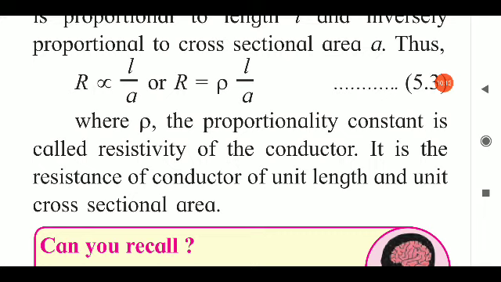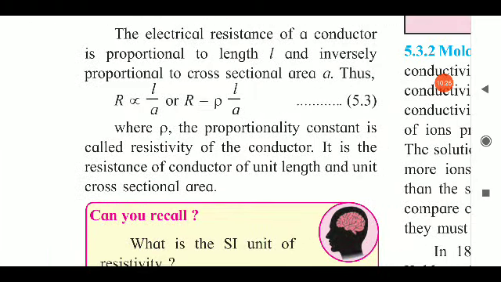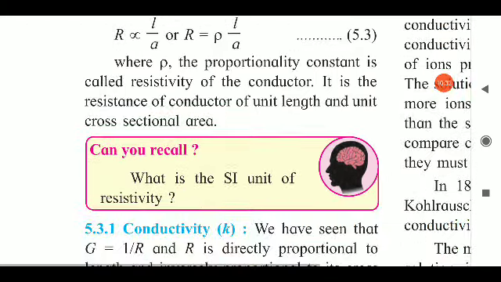Suppose you have a rod, its cross sectional area is A and its length is L, that we have assumed. So this is the relation by which we can determine the resistance of a conductor.